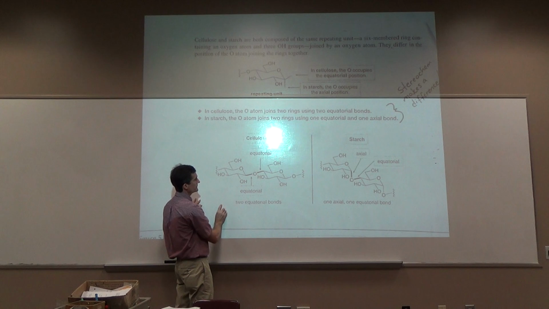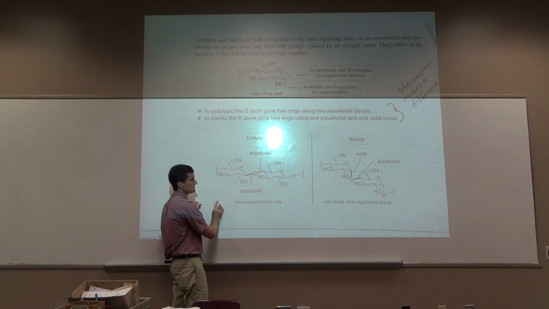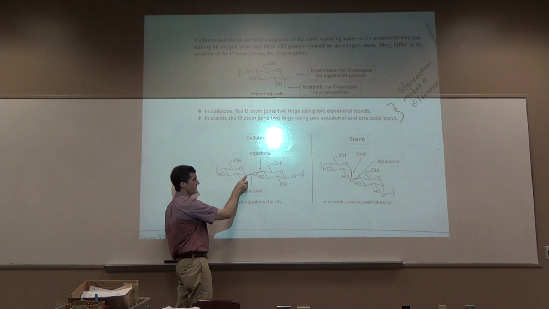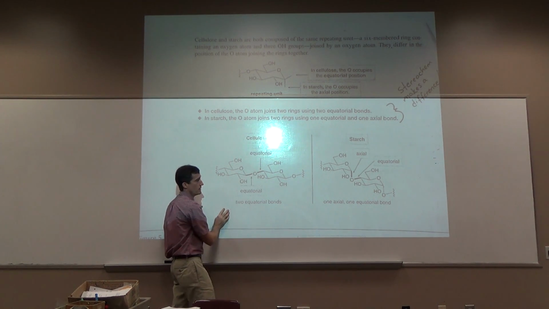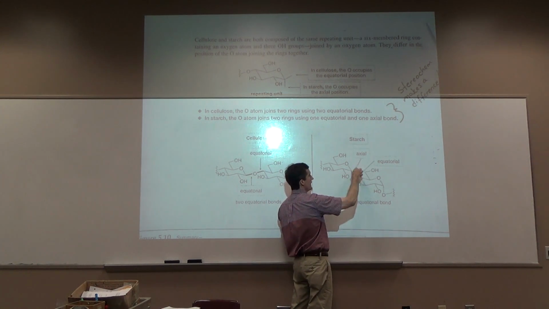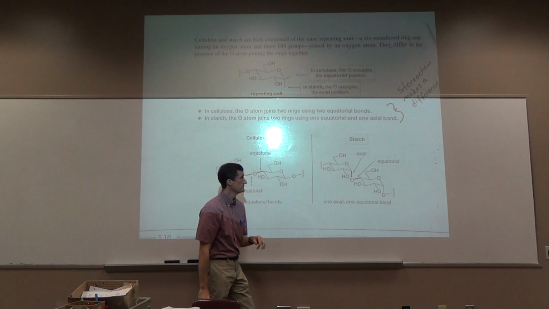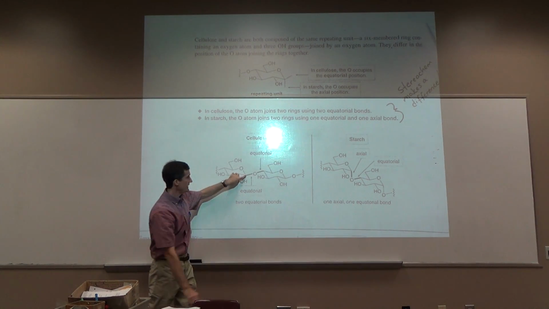In cellulose, this is actually a chair conformation. Got an oxygen. In cellulose, the bond of the oxygen is equatorial. In starch, it's axial. These have the same connectivity. The oxygen's connected to that carbon.